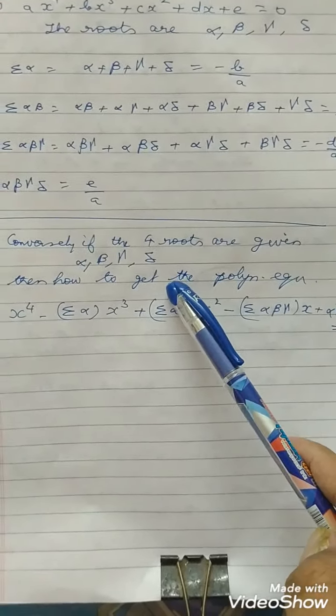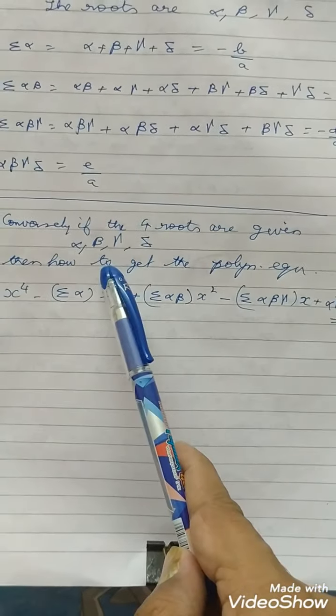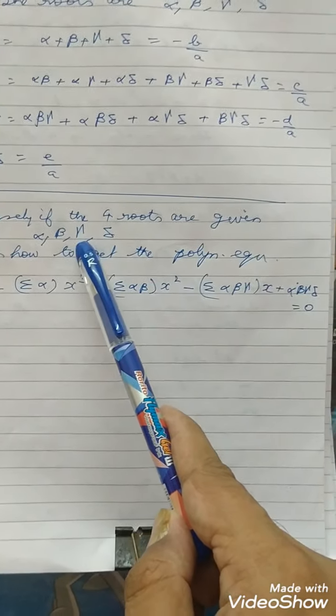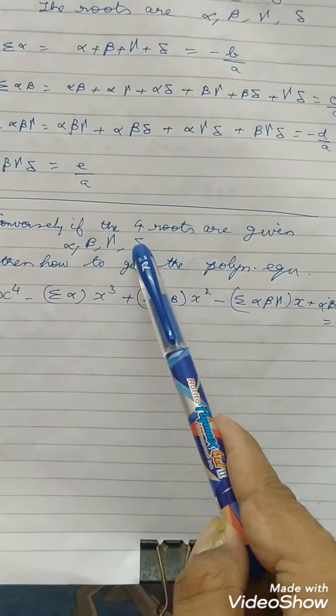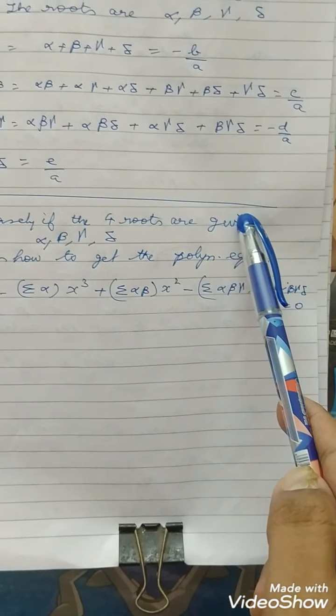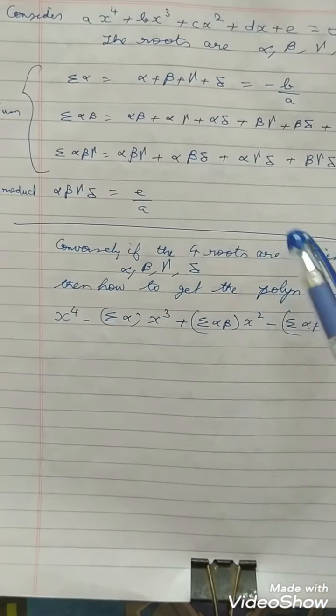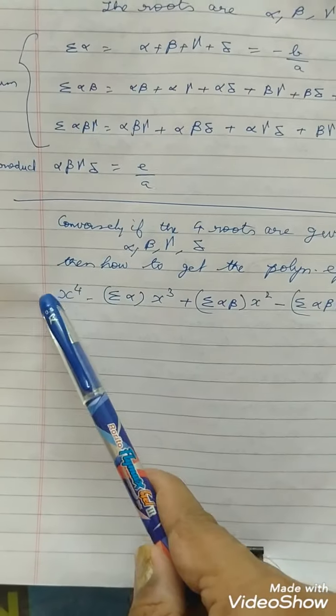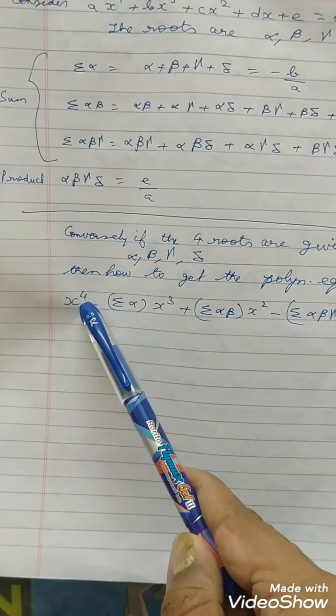Conversely, if the 4 roots are given to you as alpha, beta, gamma, delta, then how do we get the polynomial equation? The procedure is just the same as what you did before. Instead of x cube, you write x power 4.